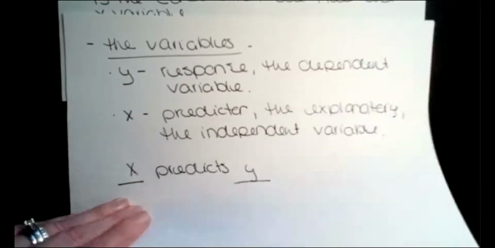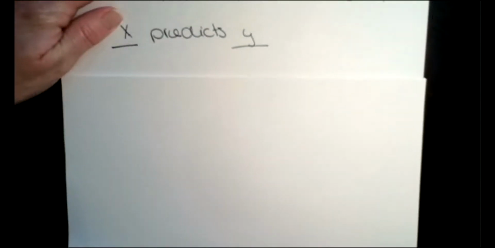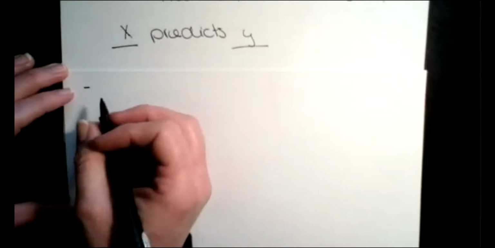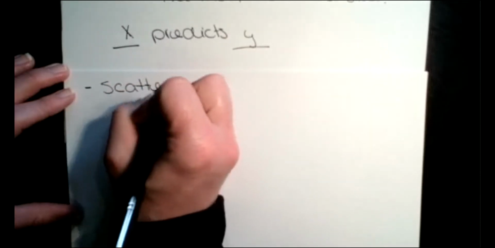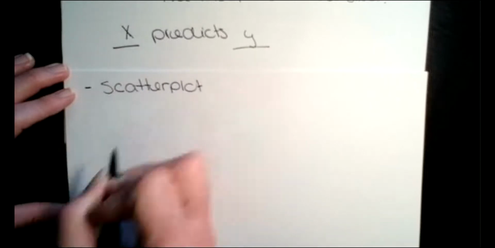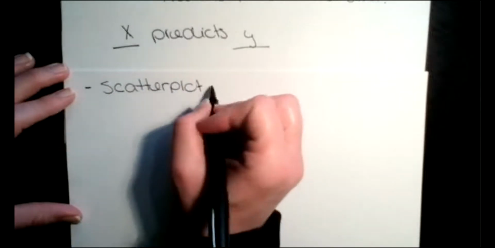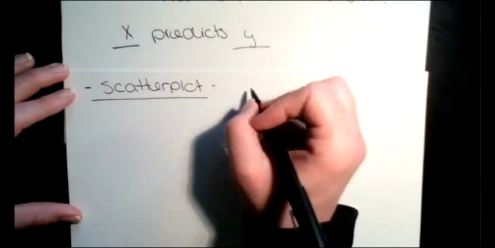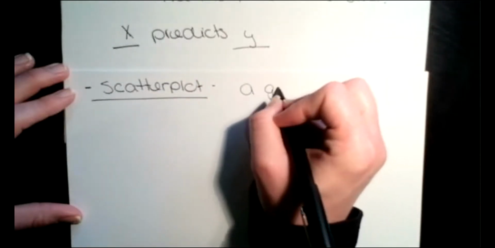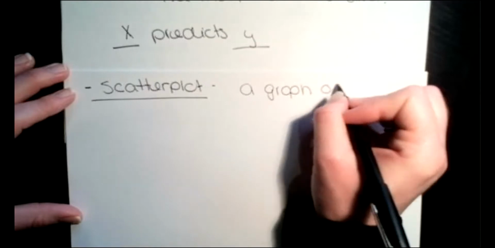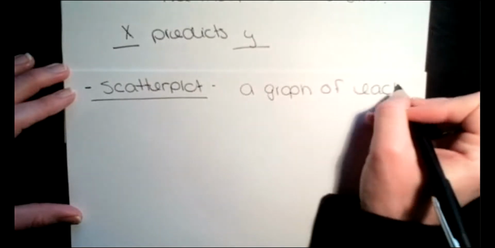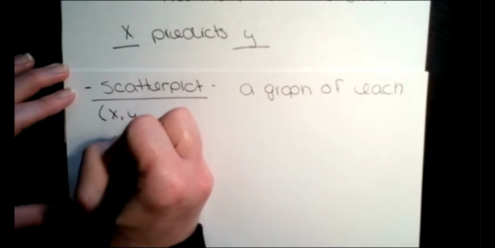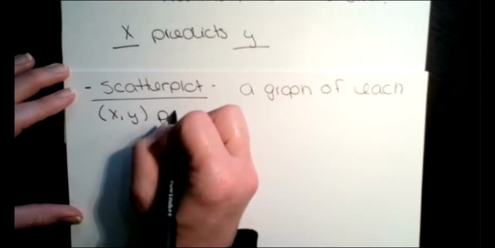And we have a graph, right, that we can view. The graph that we can look at here is the scatter plot. So we learned about a scatter plot in Stat 1, and this is just a graph of each xy pair.